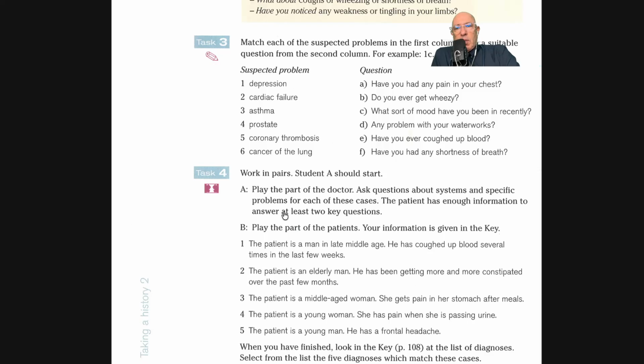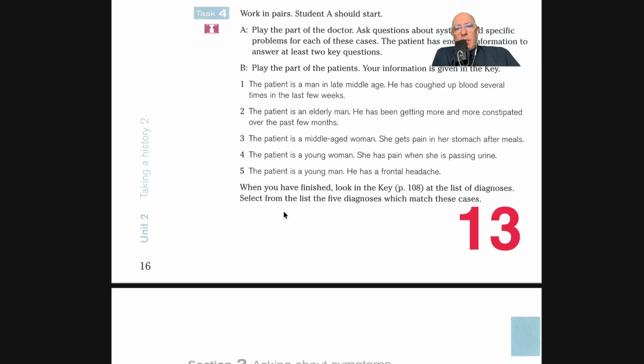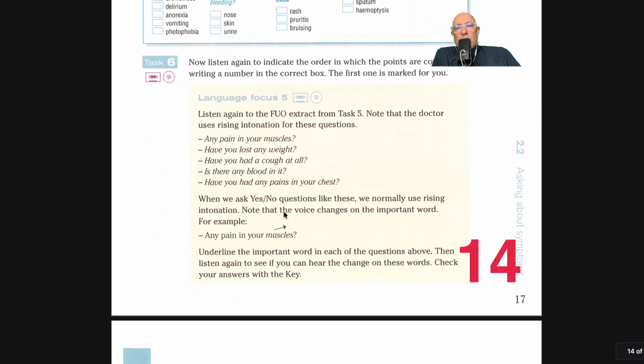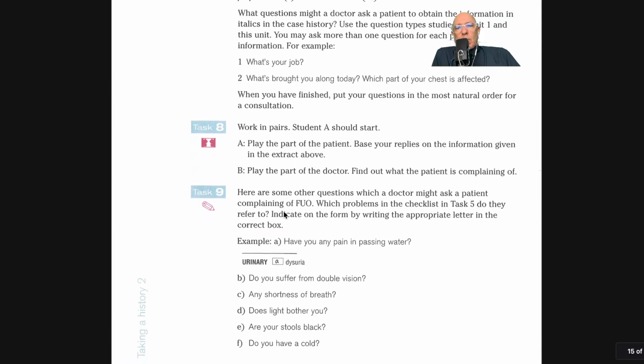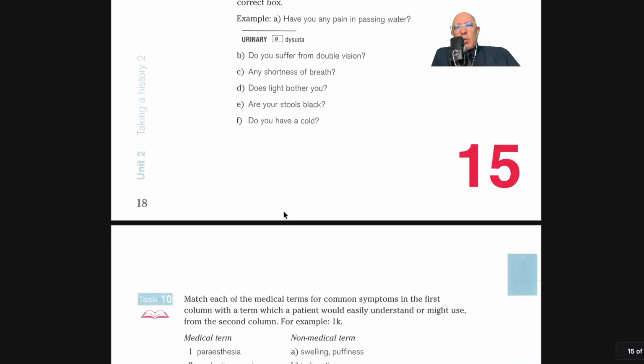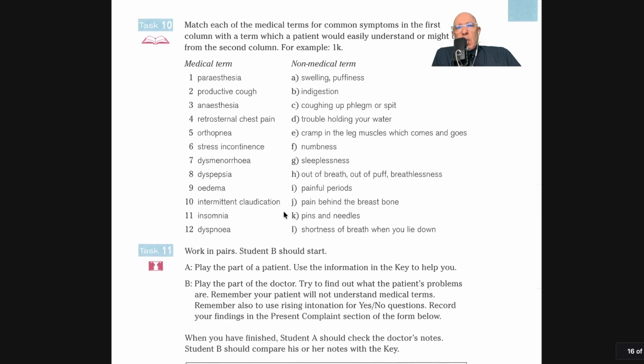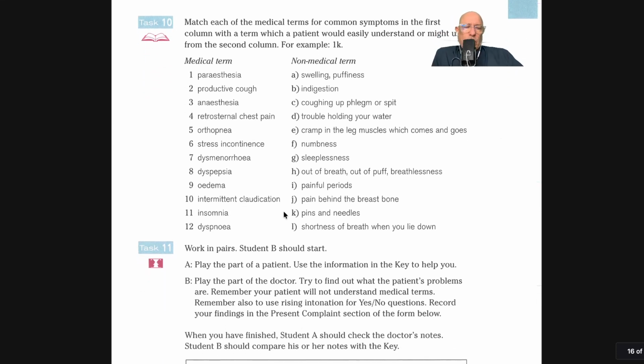All right, let's do one last useful exercise. Now, this book is available at, I'm not sure which bookstore, but it would have to be the larger bookstores in Bangkok. It's useful.